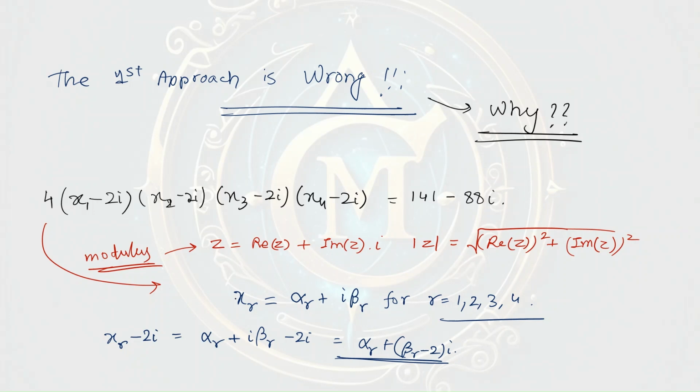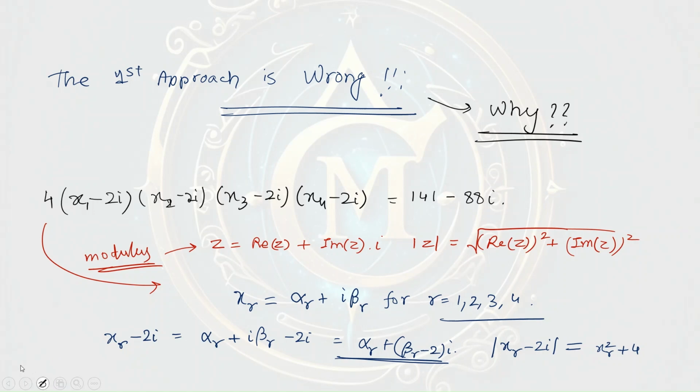So if the roots of this equation are complex numbers, then we cannot say directly that modulus of xr minus 2 iota is equal to root of xr square plus 4.